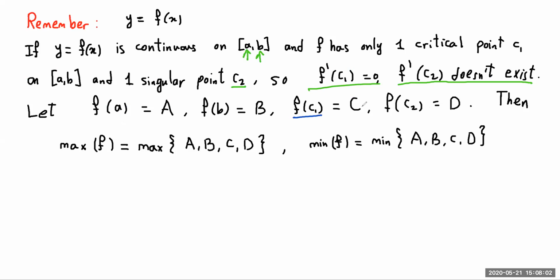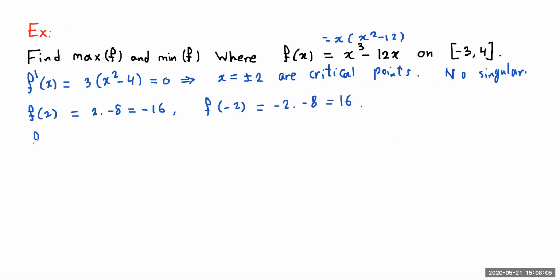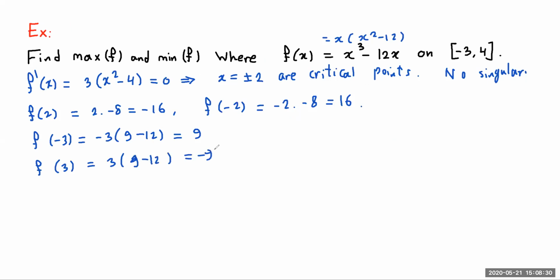Let's calculate now f at the beginning, f(-3). What is the answer? It's minus 3 times (minus 3 squared, 9, minus 12), so minus 3 times minus 3, it's 9. What is f(3)? It's 3 times (9 minus 12), so minus 9.